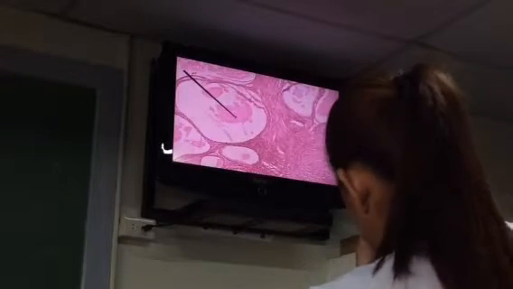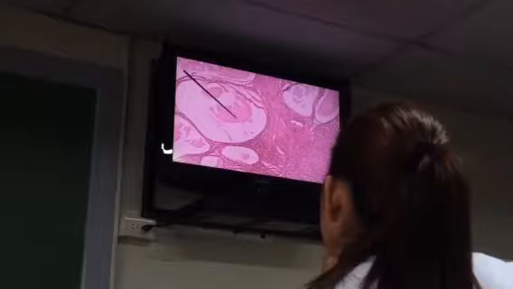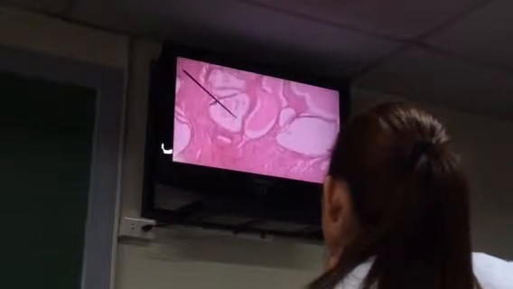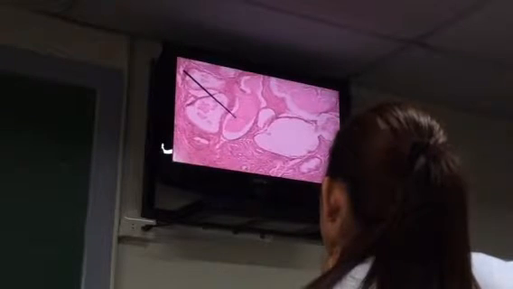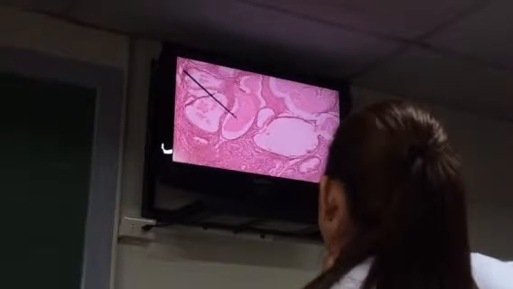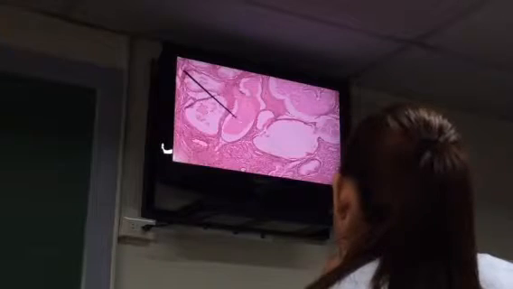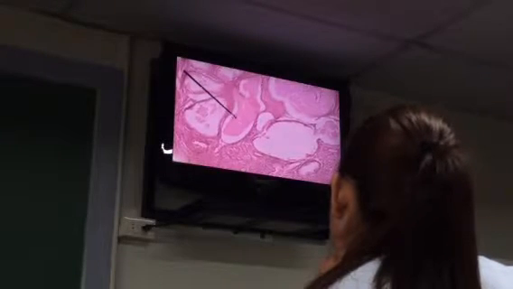This is the characteristic feature of your prostate gland, the presence of concretions, or specifically your prostatic concretions. Otherwise called corpora amylacea. Corpora amylacea, or your prostatic concretions.